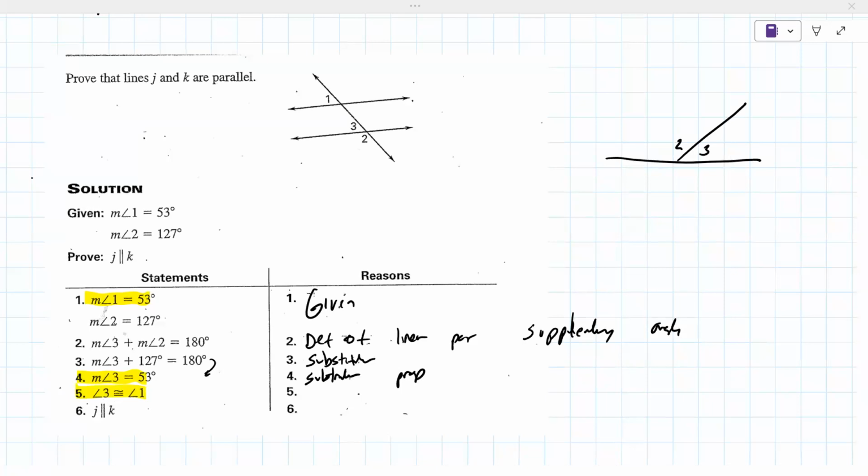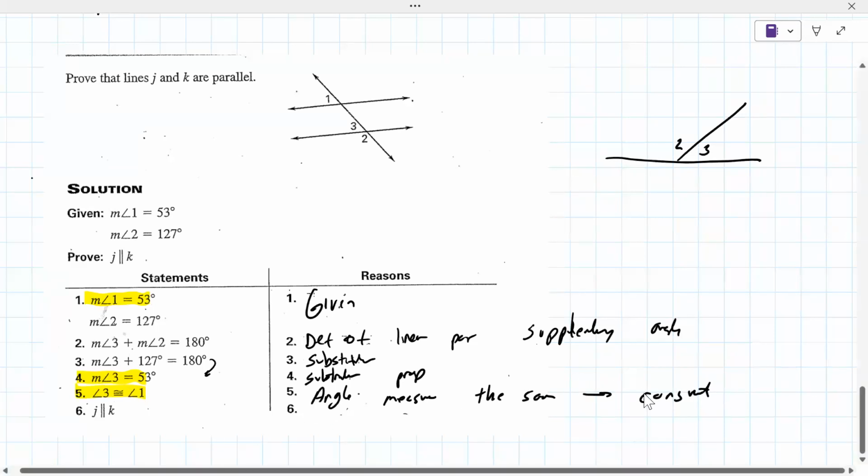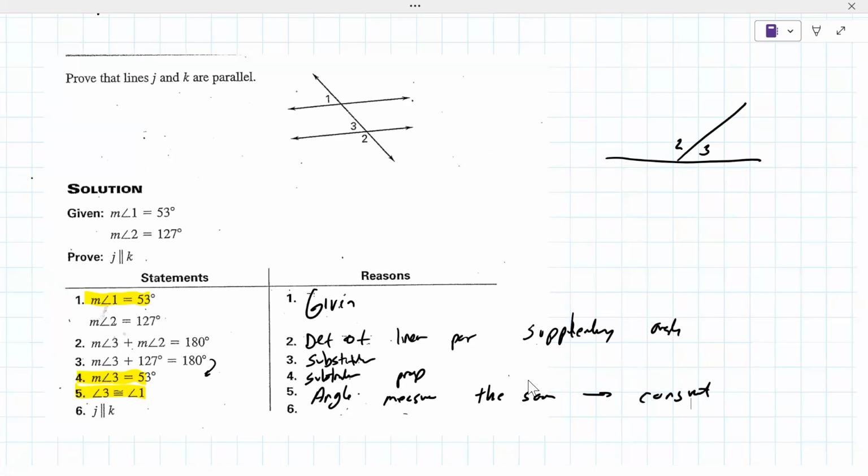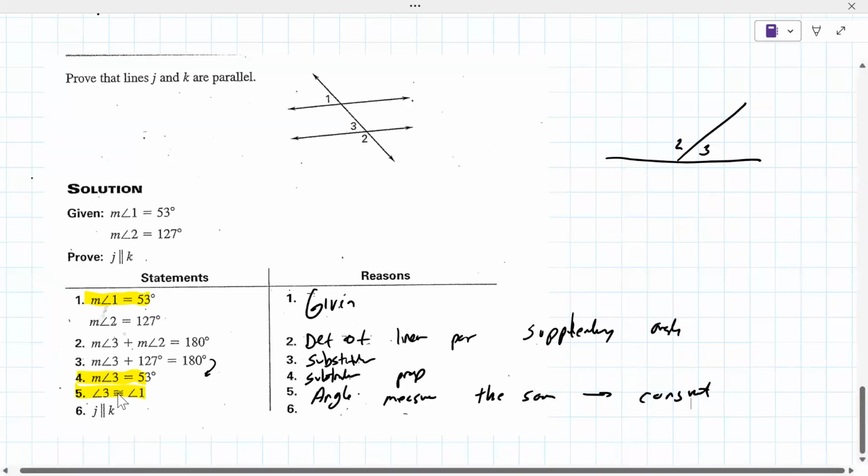Now that both of the measures have been found in their degrees, they have the same angle measures, the same. So they must be congruent. And if you don't know what to write, just start writing words like that. Be descriptive. Imagine you're telling a story. The story of the angle measures.